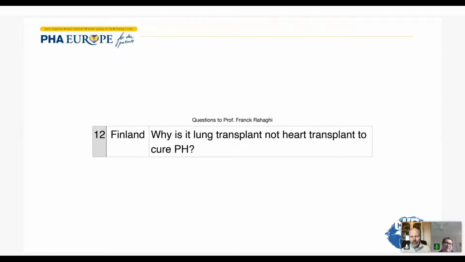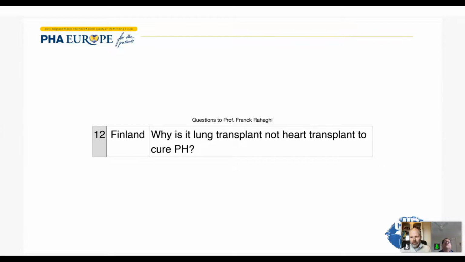Once the pulmonary vascular restriction has gone away, and the new lungs do not pose an obstacle to the right side of the heart, which is not that strong to beat, then things get better.